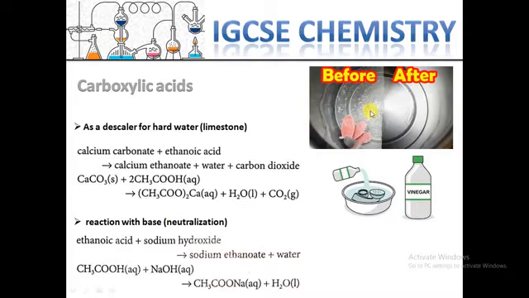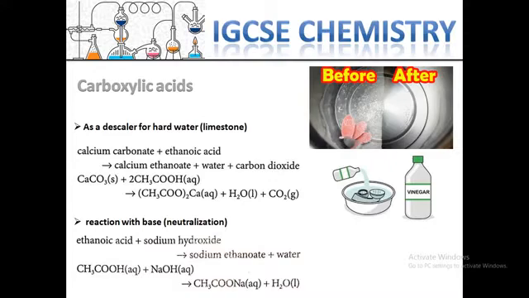In some areas, the water is contaminated with limestone, or calcium carbonate. After a while of using this type of water in some areas, it depends on the land or the weather.